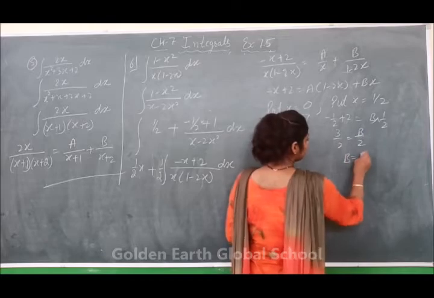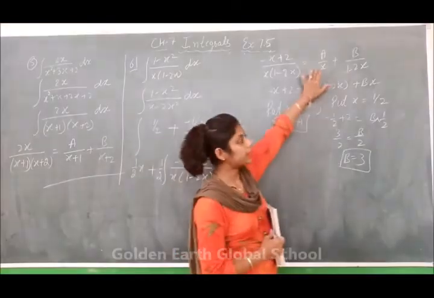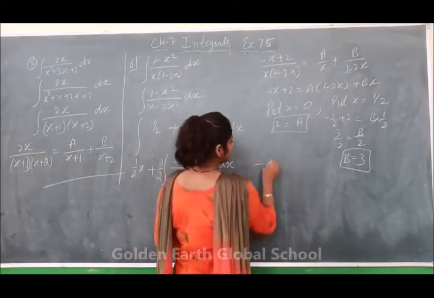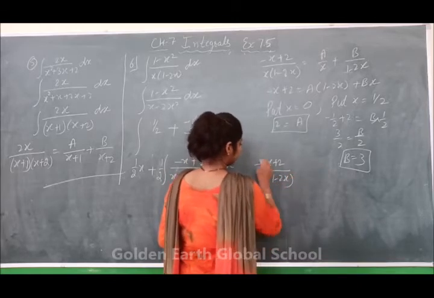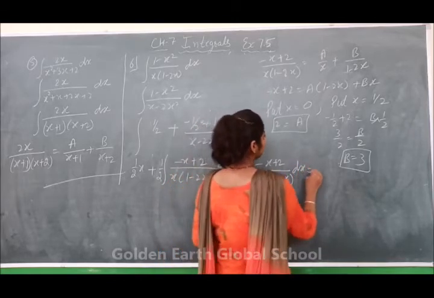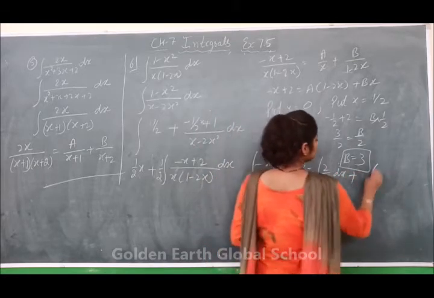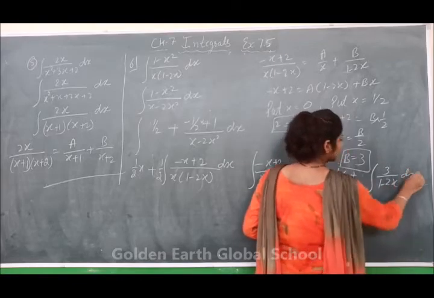So b is equals to 3. Now put the value of a and b here and then take the integration. Minus x upon 2, integration 2 upon x plus integration 3 upon 1 minus 2x into dx.